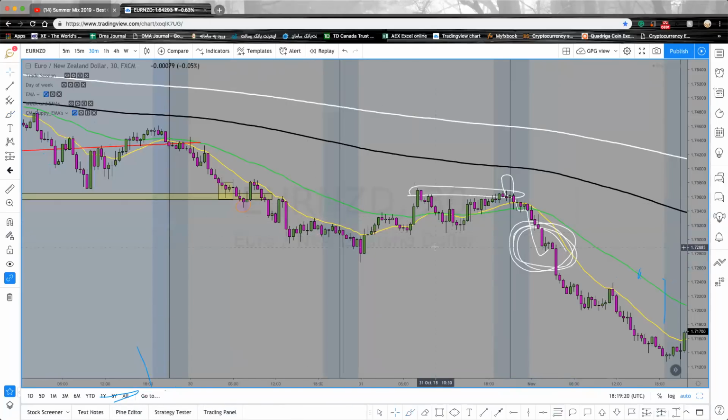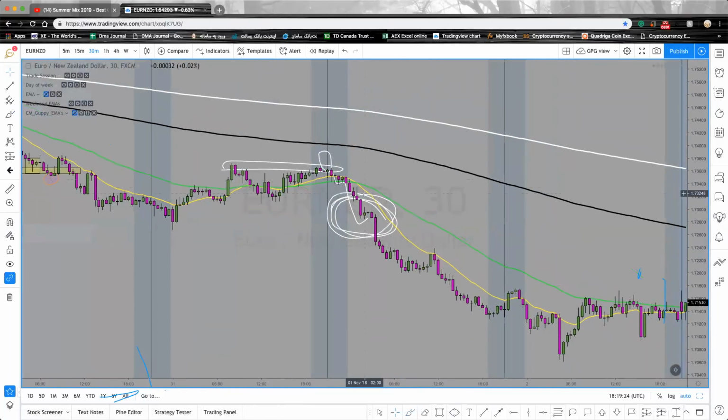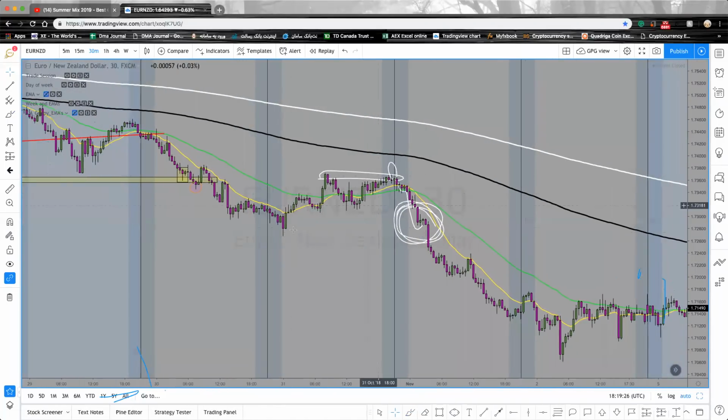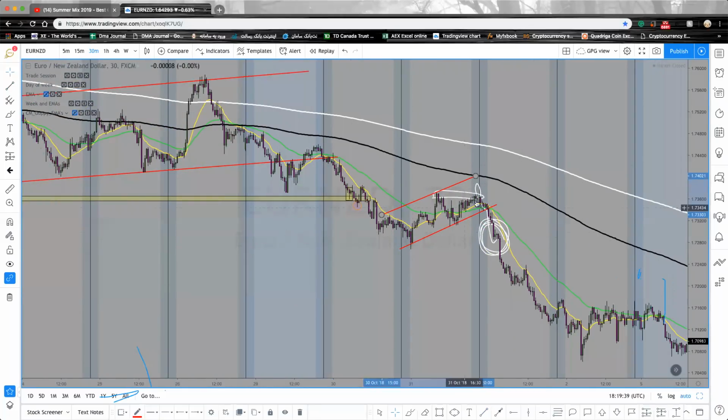Okay, so back to the business. After this inducement, which was basically our safety trade right here, this is our safety trade. We have a downtrend, we have an inducement, M formation at the top, and also this is a signature trade too, and they're going down.